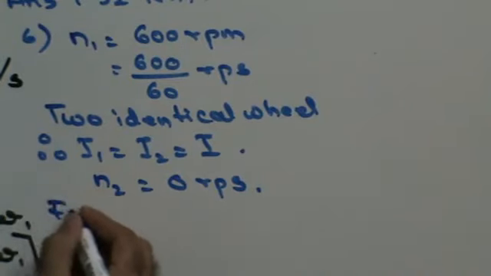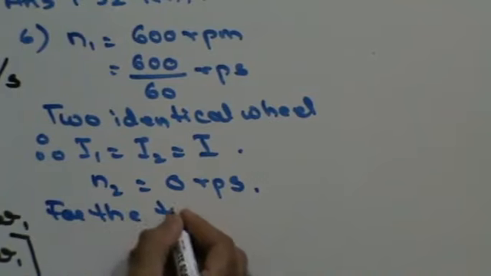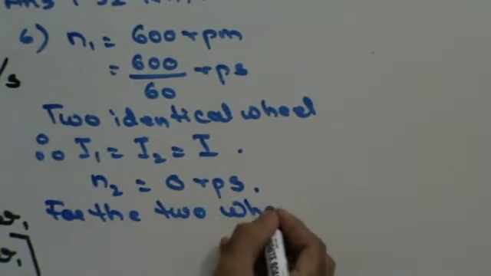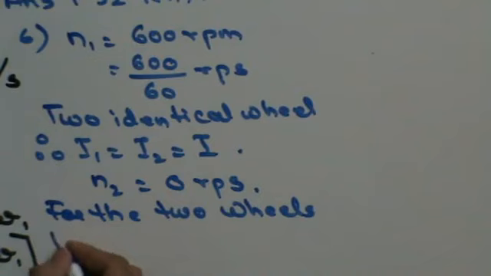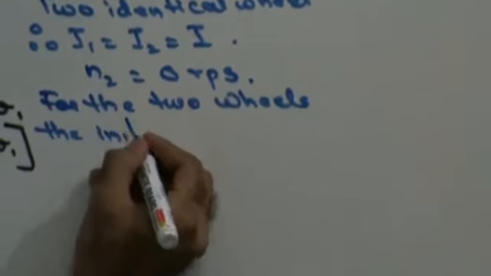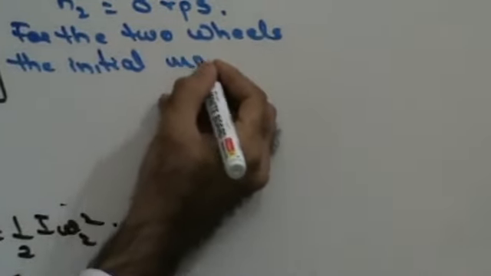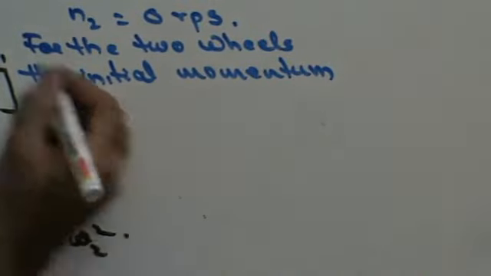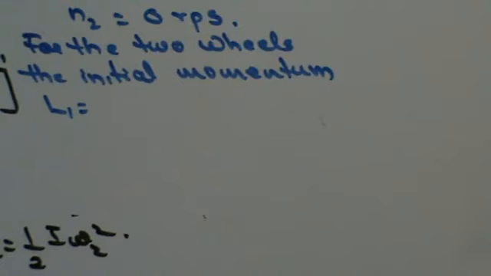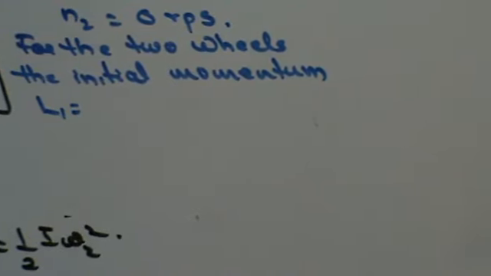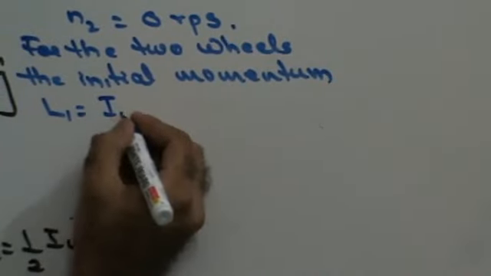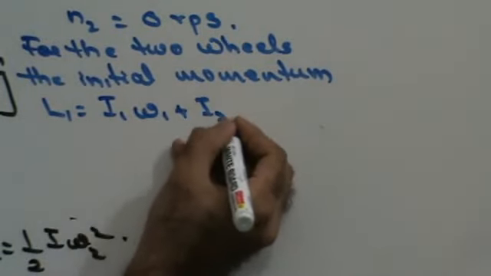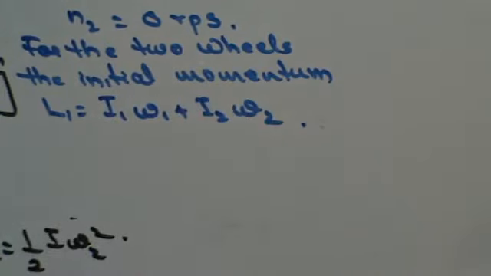Now, I can say that for the two wheels, the initial momentum, let's call this as L1. Initial momentum is going to be nothing but the sum of the momentum of the system. There are two wheels here, so that will be I1 omega 1 plus I2 omega 2, right?